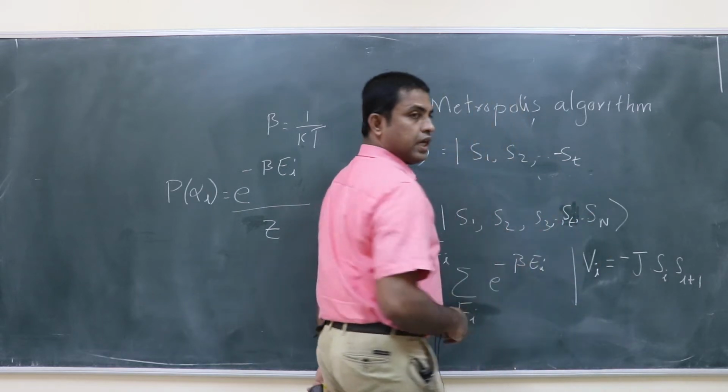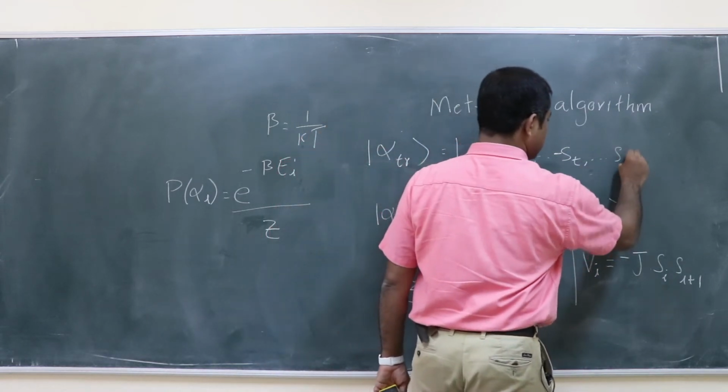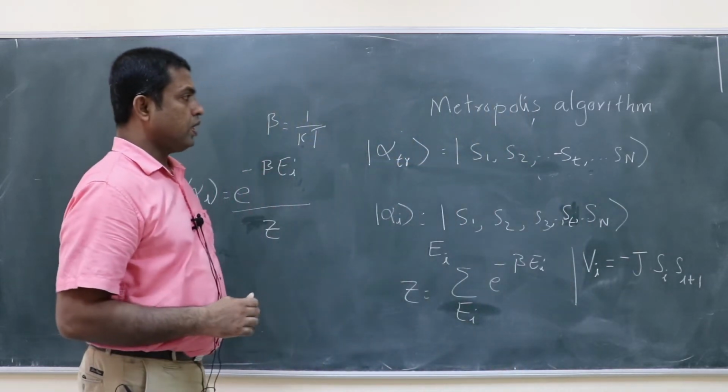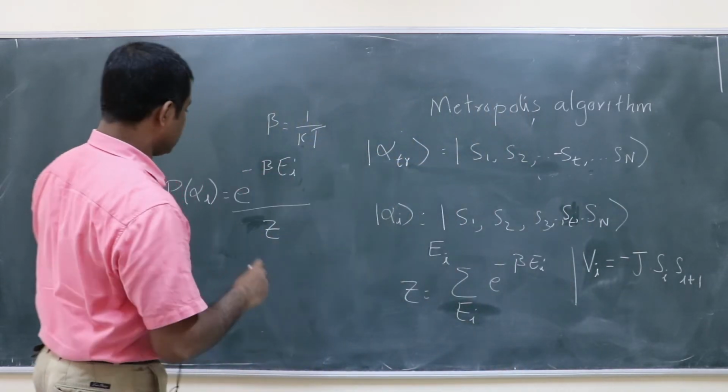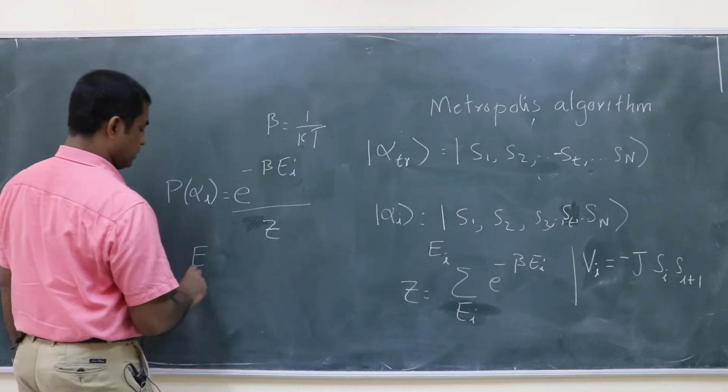So you flip that one, then calculate the energy for that as E trial.